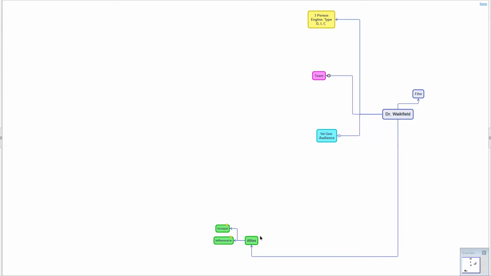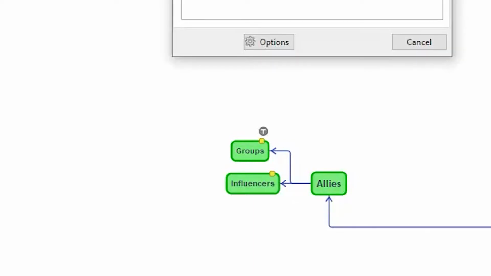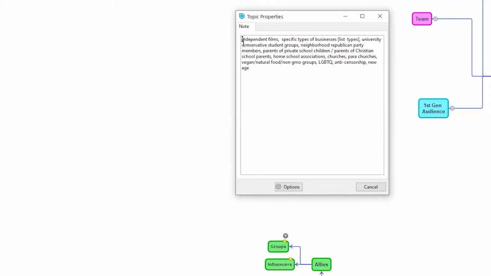The first segment we'll talk about is at the bottom, called allies. So the organization would identify those people that are likely to be allies of the idea, people who will recommend and endorse the idea of the documentary. Those allies would take the form of different segments depending on the interests and the past history with these different segments.